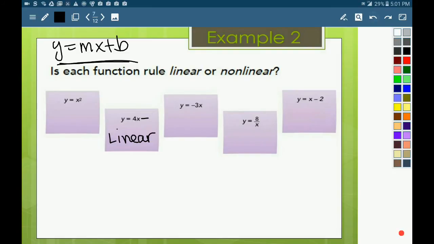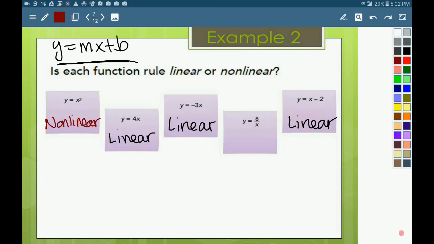Okay, and then I see another y equals mx right here. Okay, y equals negative 3x. And then I see the last one, y equals x minus 2. That's in y equals mx plus b form. So now all of the other ones on here, the first one has an exponent, so that, as we said, was nonlinear.